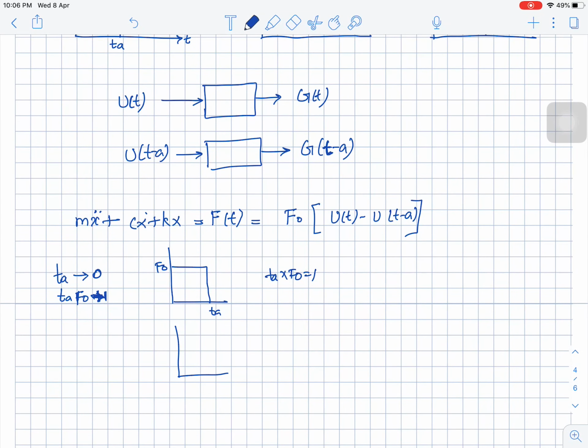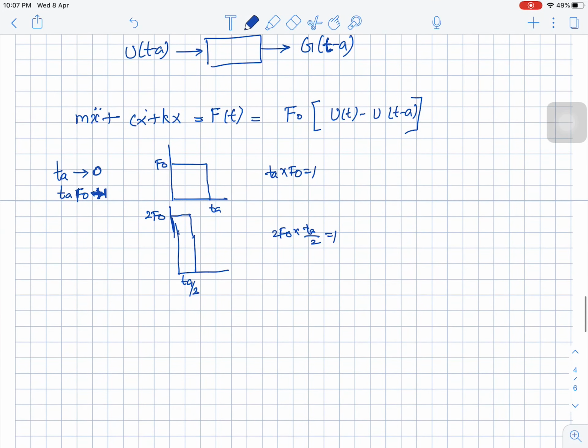So what I am trying to do, I am decreasing this and increasing the f naught. So this will be ta by 2, this one equal to 2 f naught. So then 2 f naught into ta by 2 equal to 1. So similar like this, I am increasing this f naught infinitely high and ta is small.